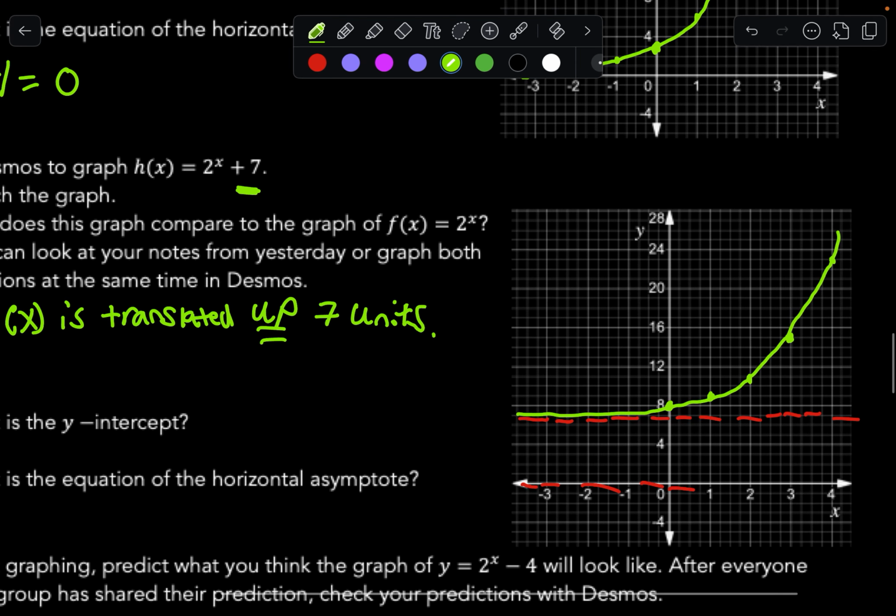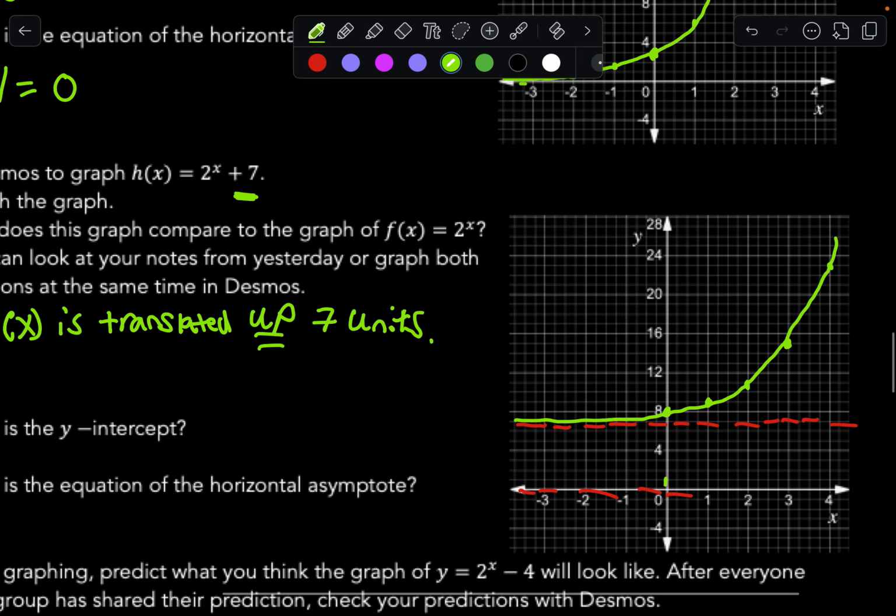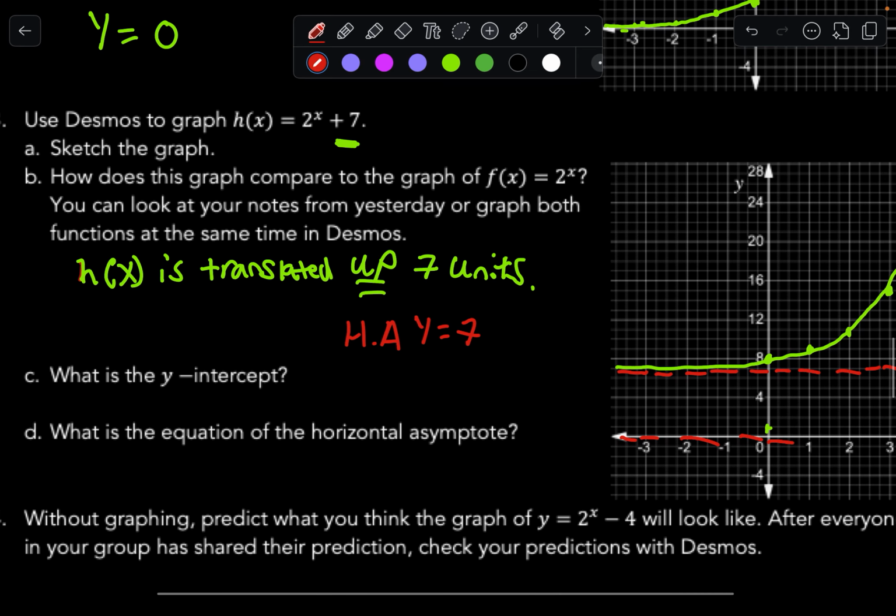All right, notice at 0, instead of being at (0, 1), which would have been down here, it's at (0, 8), because we went 1 plus 7. Also, the horizontal asymptote of the original was y equals 0. Now it is y equals 7. This is the horizontal asymptote. It shifted up 7 units.